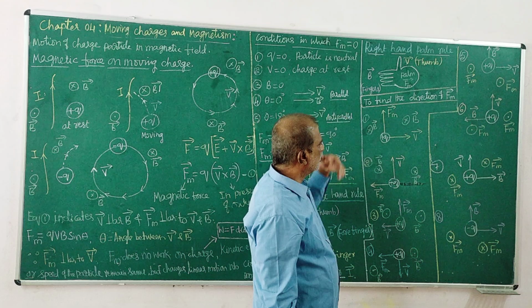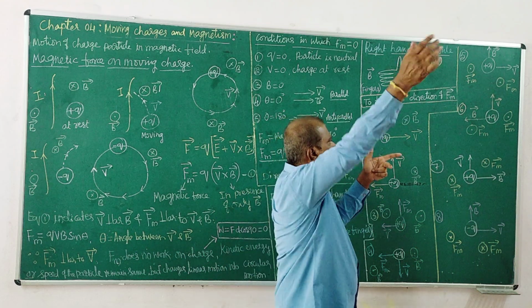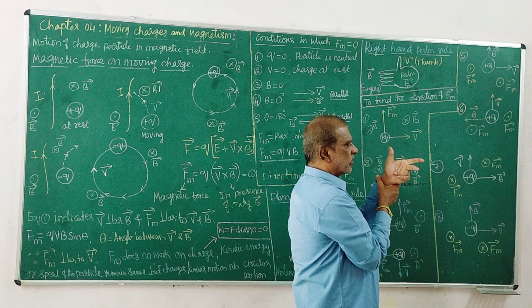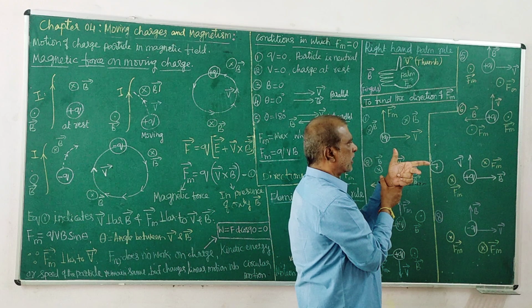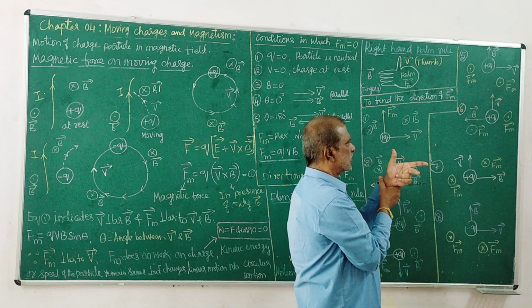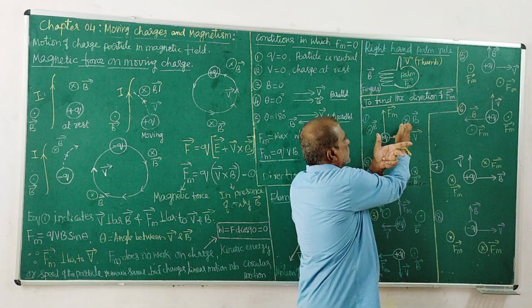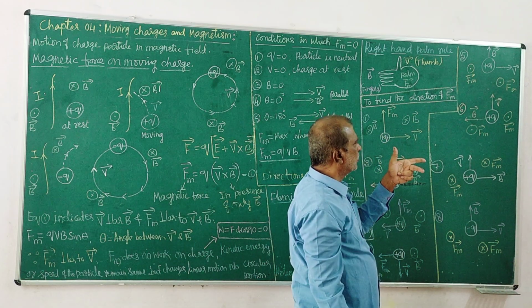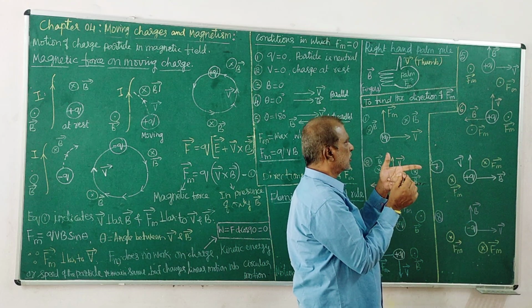Let me apply Fleming's left hand rule. Hold the three fingers stretched in perpendicular directions. Holding like this, see that these two are given. The magnetic field is perpendicular to the board, inward direction. This is the magnetic field, that is the velocity vector.